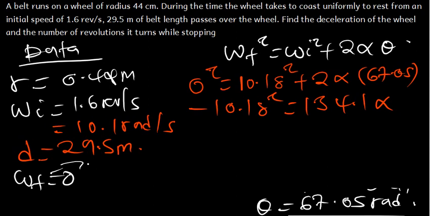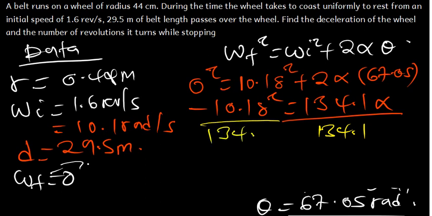Now I can divide both sides by 134.1. My alpha I expect to be negative because it was decelerating. So I'm going to have negative 10.18 squared, I square it, then I divide it by 134.1.